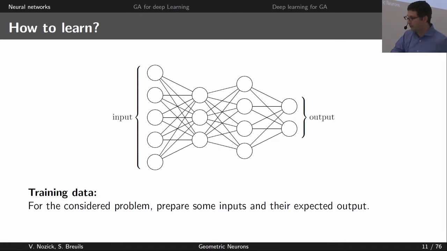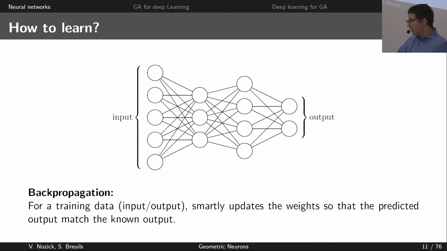So how to learn? Since this is deep learning, we want the network to learn by itself. The first thing to do is to collect a lot of data for the problem we want to solve, and we put some data in the input. When you have the data, you just feed forward. You compute the output, and the output of the network may not be what you expect.